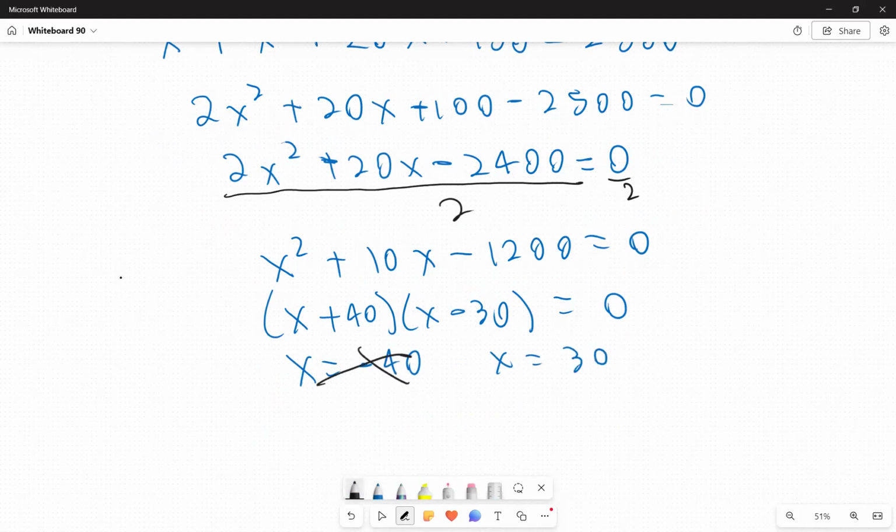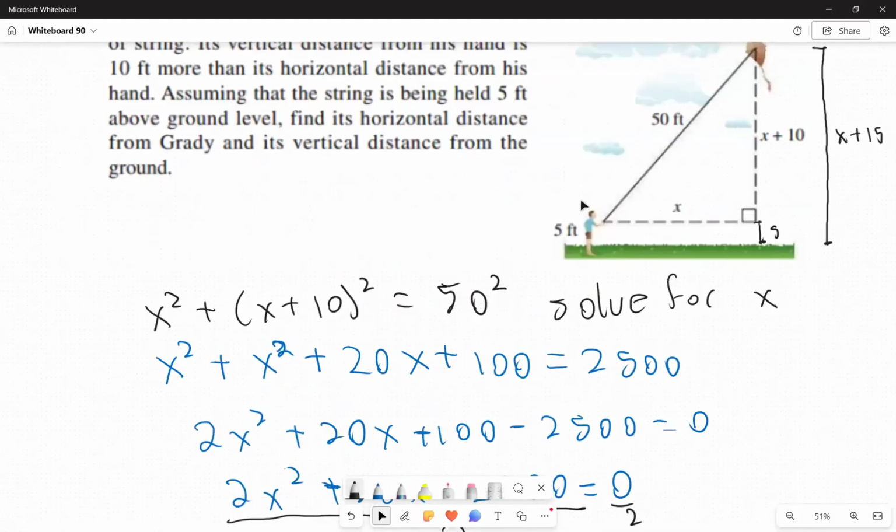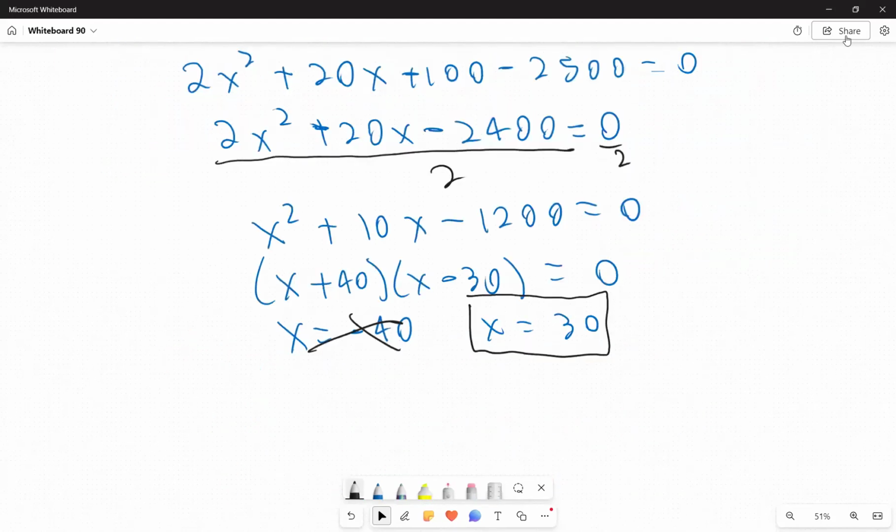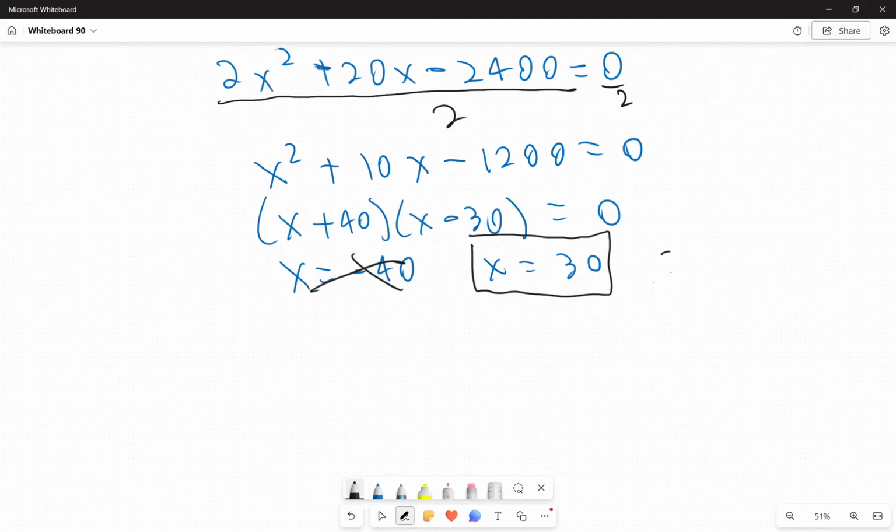So we discard the negative solution and keep the positive one. That is going to give us the length, or that is going to give us the horizontal distance from Grady's hand. And the vertical distance from the ground is going to be 30 plus 15. So 30 plus 15 is 45.